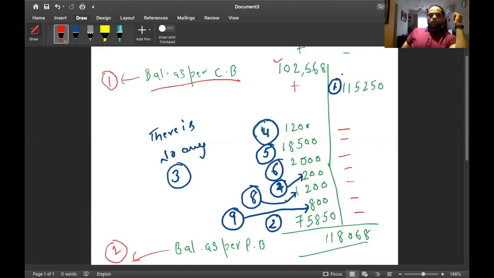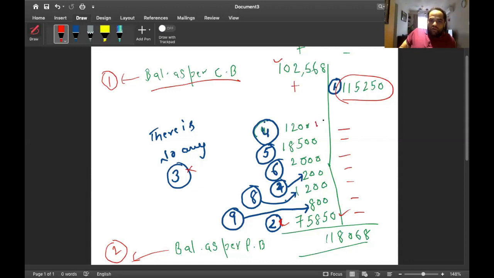All right. So the first transaction we subtract from the balance as per passbook, which is 115,250, right? And the second transaction is right here. We don't have any number 3, because 4, 5, and 6 are three transactions that come under one heading, so by mistake I gave the number 3.